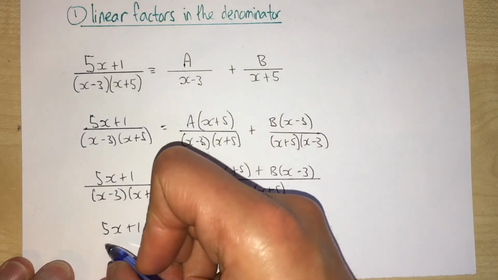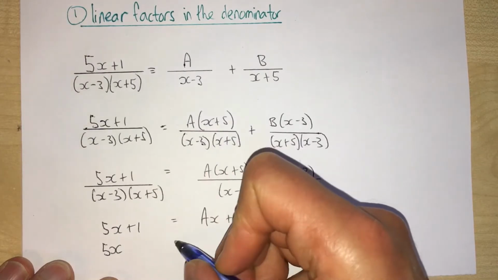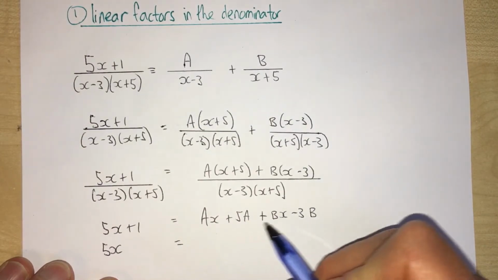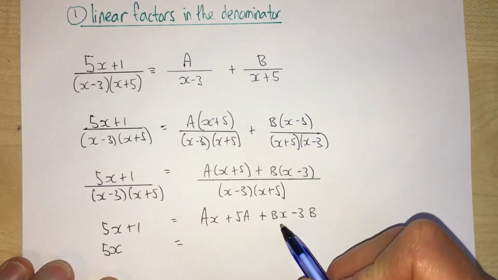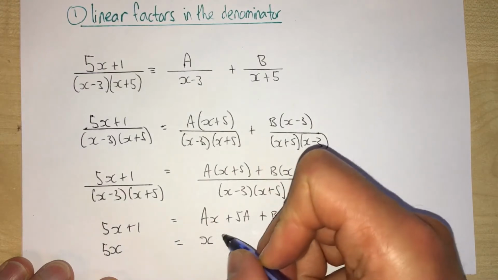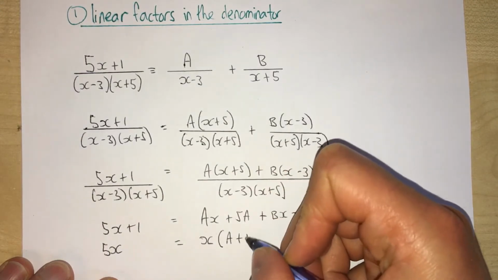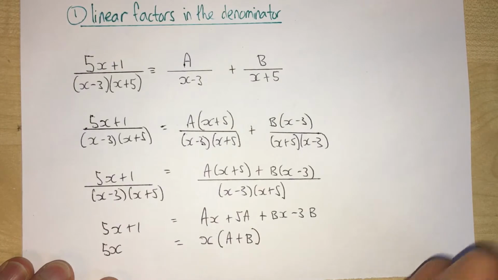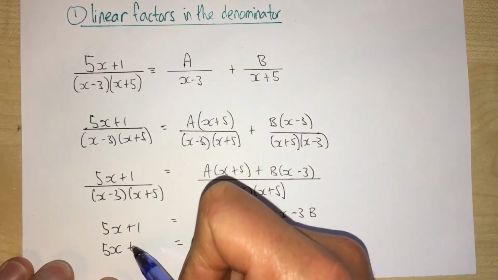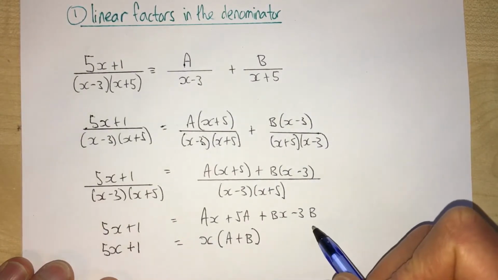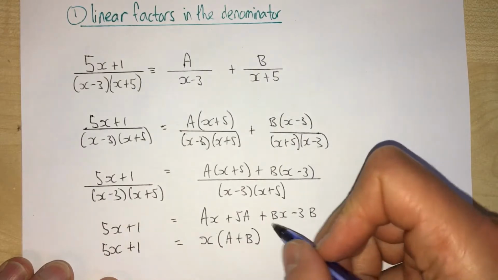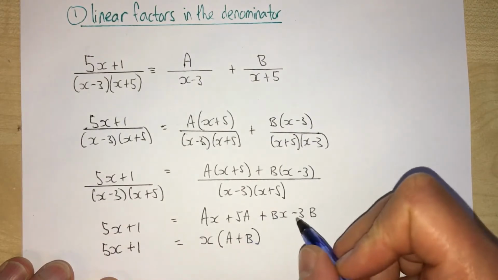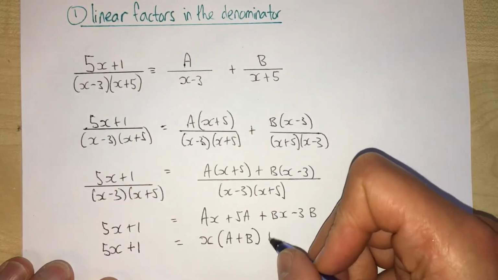Let's look at the x values. So we've got 5x on this side, and here we've got ax plus bx. Or if we take x out as a factor, we've got x lots of a plus b. And then on the left hand side here, our constant is 1, and on the right hand side we've got a constant of plus 5a minus 3b.